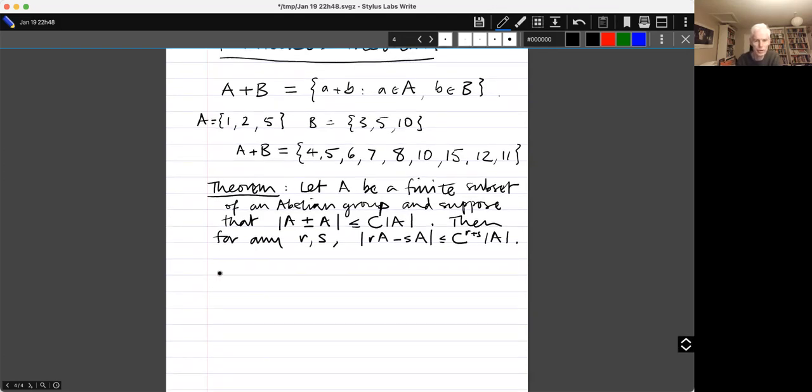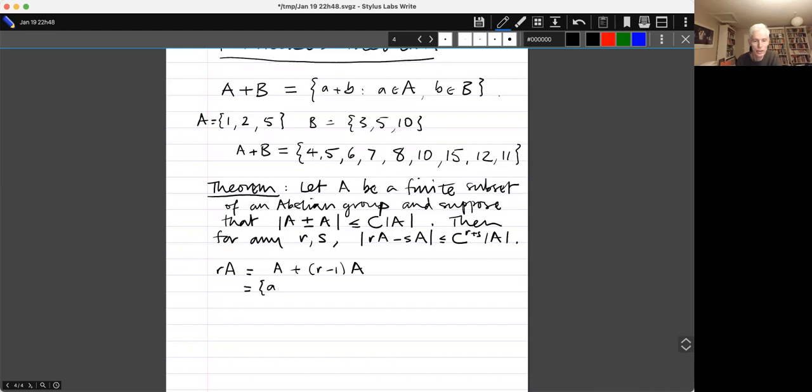remind you what, I can't remember actually whether I even defined it in the previous lecture. So RA just means, you could either define it inductively, so it's A plus (R minus 1)A when R is at least 2, and 1A just means A, or we can define it more explicitly.